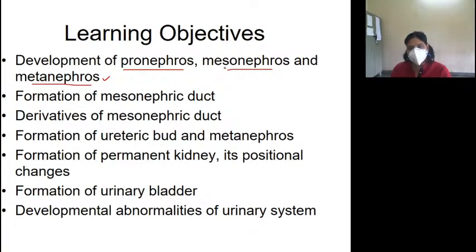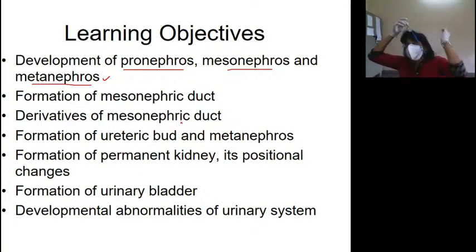Not exactly the mesonephros, but the duct of the mesonephros will be developed and it will give rise to the development of the male genital system. Then, formation of the mesonephric duct and derivatives of the mesonephric duct, both in the males as well as in the females.